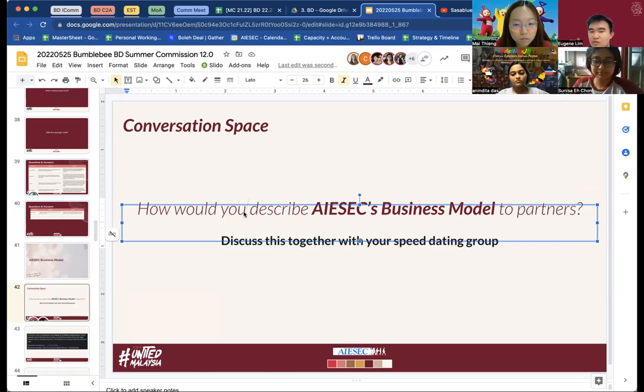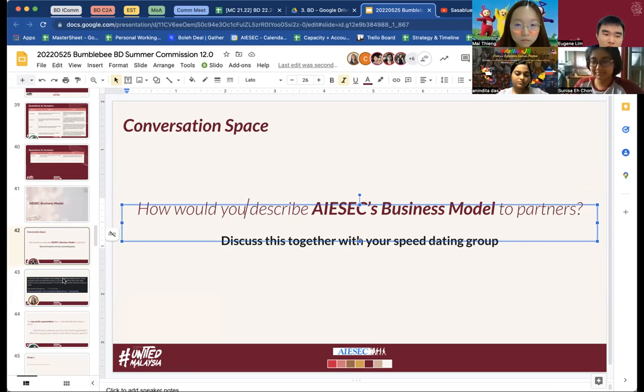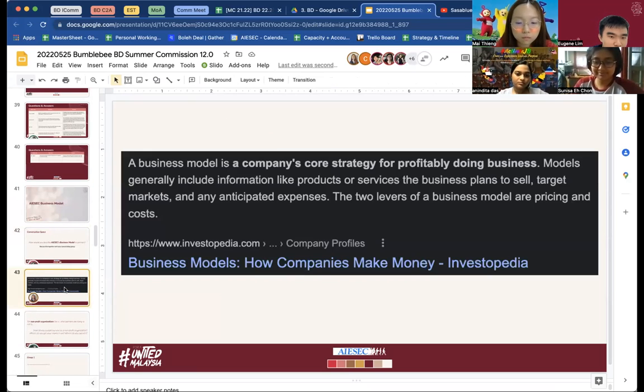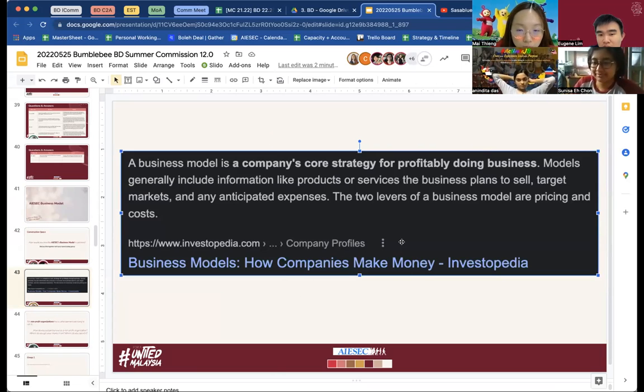How would you describe Isaac's business model to partners? Meaning if your partner asks you how Isaac functions, or what Isaac's business model is, what would you answer them? I hope you know what a business model means, but if you don't, it means the company's core strategy for profit. This is the official Google answer, but what it means is how do companies make money.